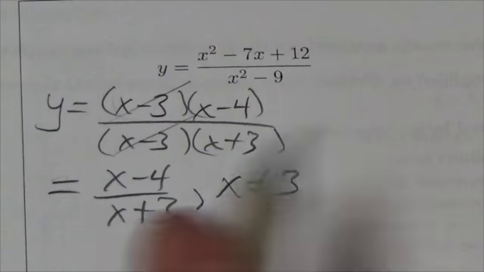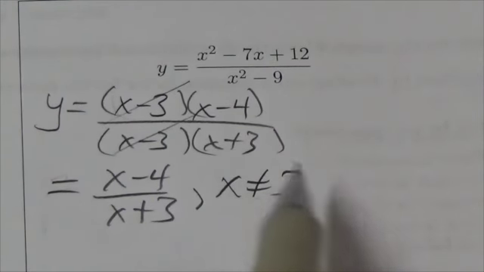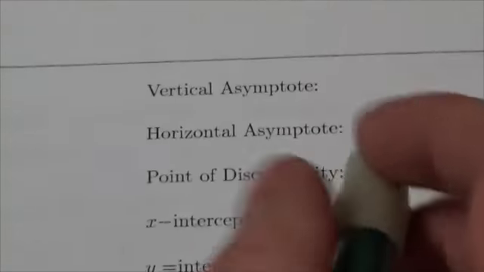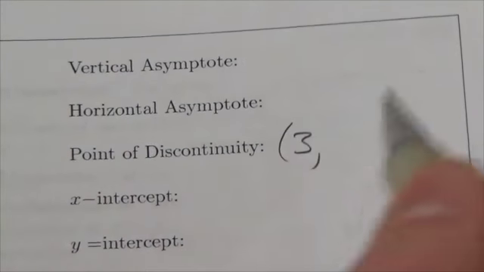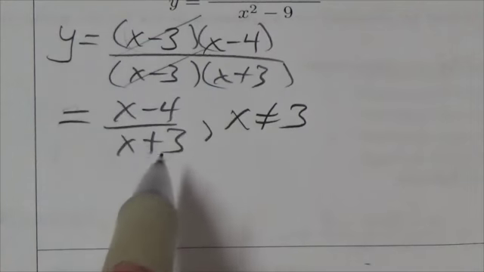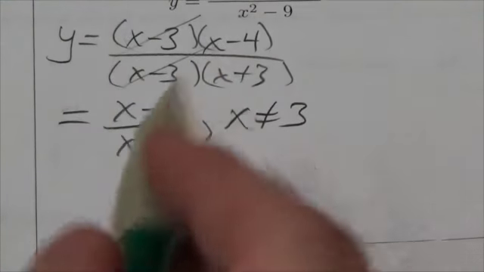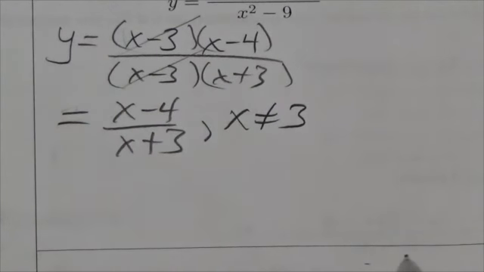So let's just talk about what it is that I've established here. This restriction here is something that I've removed from the question, and that becomes our point discontinuity. The x-coordinate of our point discontinuity is going to be 3. I come back over here. When I look at the graph here, I notice that in the denominator, I've got this x plus 3 down here, so this thing is going to be undefined when x is equal to negative 3.